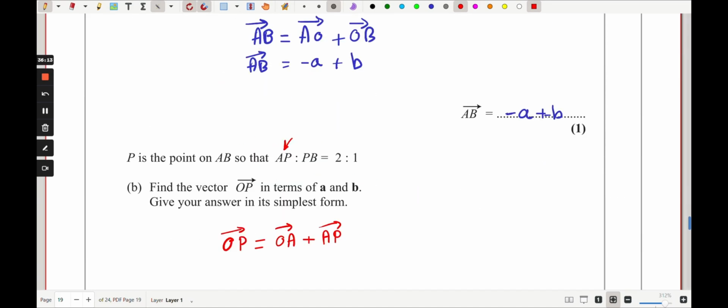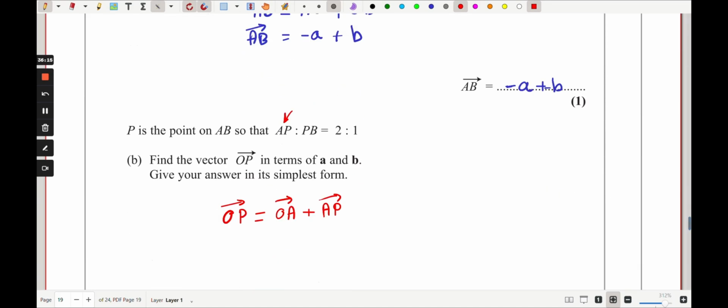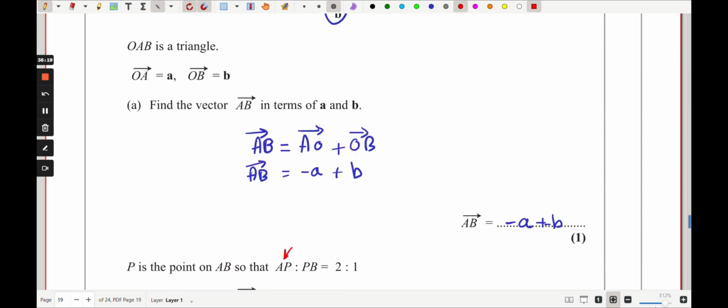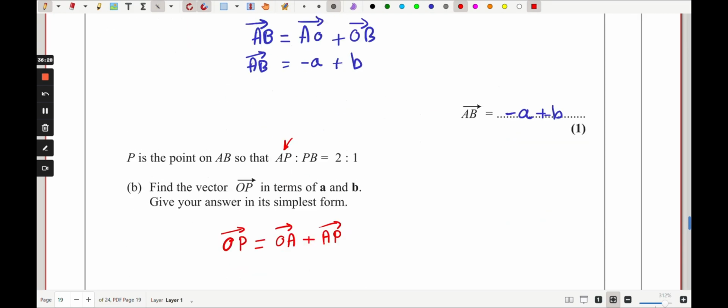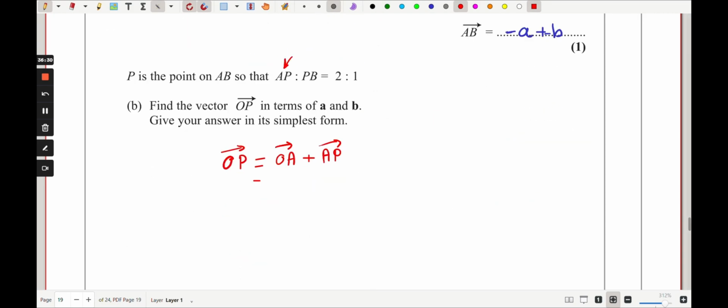So now we know that AP is 2 over 3 of AB, from the graph itself here. So we'll write it here. For sure, OA is vector A, small letter A, plus 2 over 3 times vector AB.